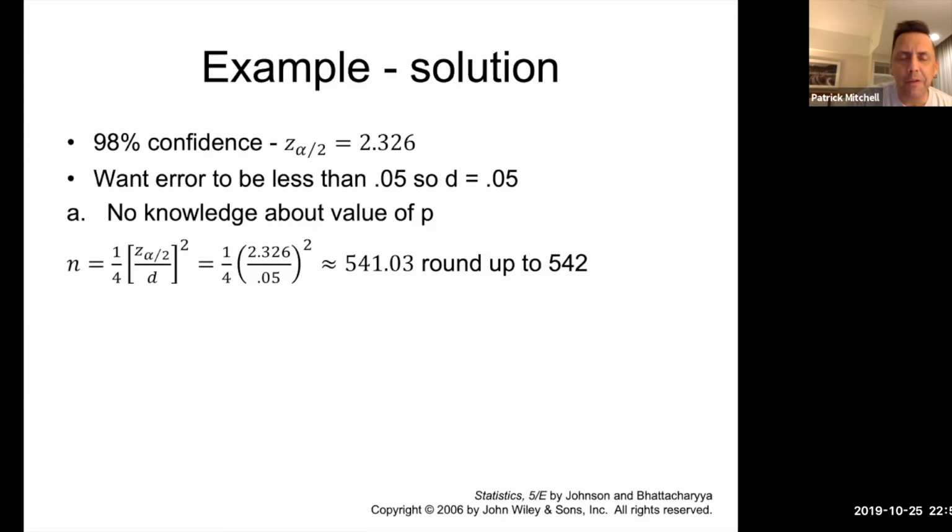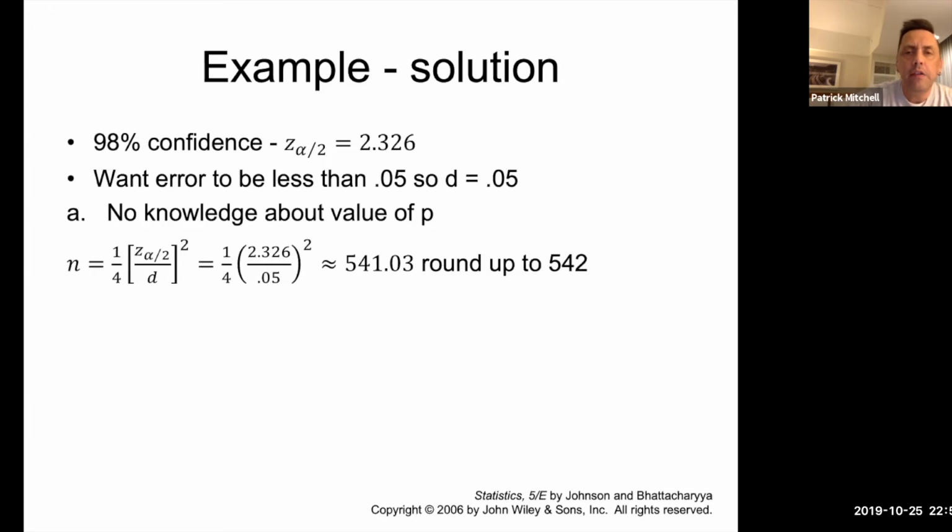What that means is the minimum sample size you need is 541.03 people, and you can't get 541.03 people. If you need at least that many people, it really means you need at least 542. So for minimum sample size problems, you always, always, always round up.